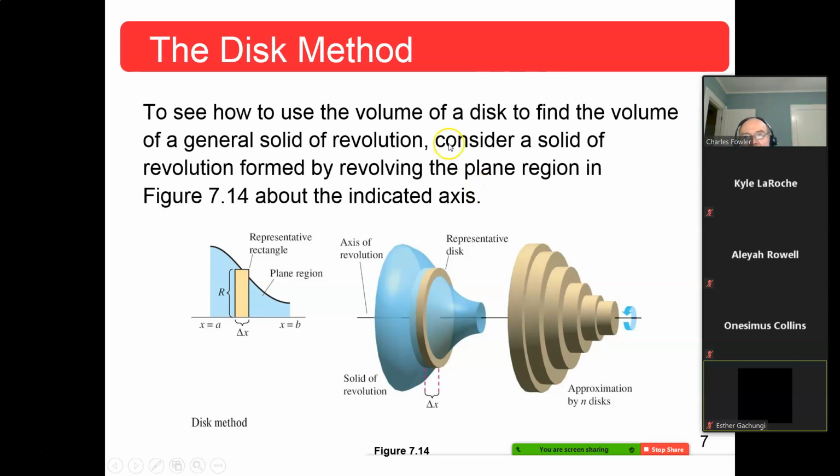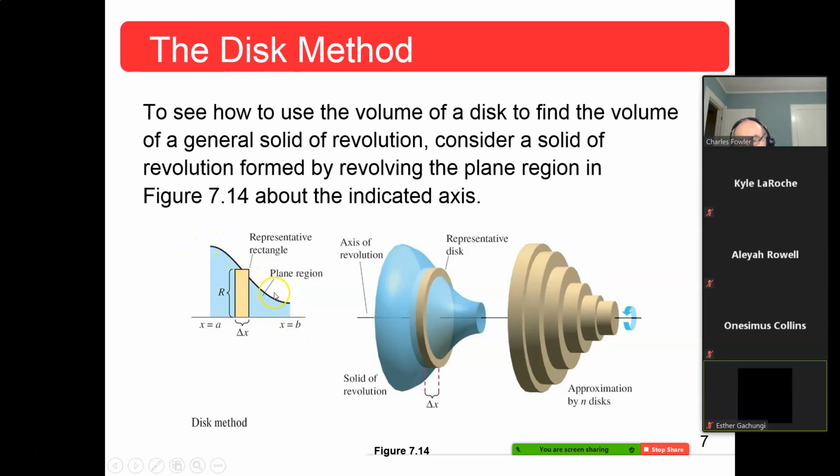All right, now to see how to use the volume of a disk to find the volume of a general solid of revolution, consider a solid of revolution formed by revolving the plane region in figure 714, which is here, about the indicated axis. Now what you're going to do, here's x equals a, here's x equals b, and we're taking this curve here.